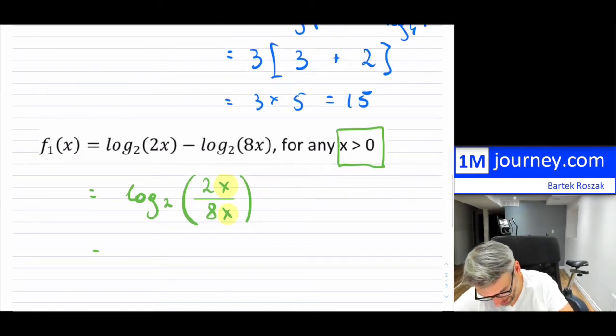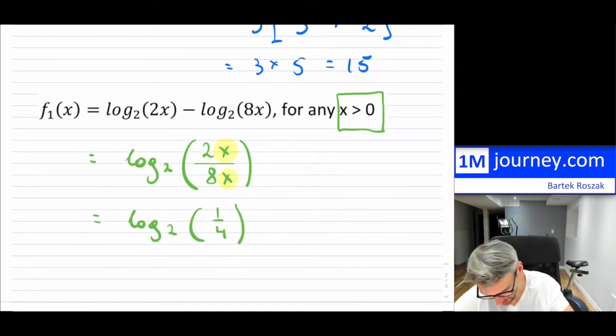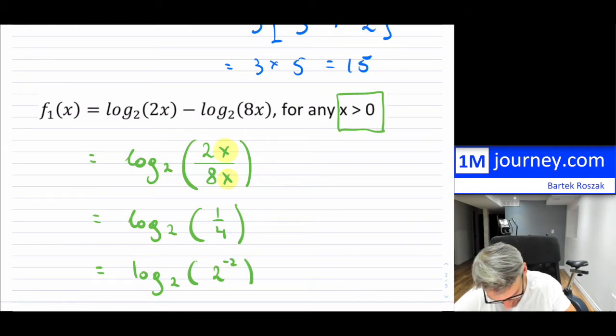So what you're going to get is log of 2, and this is just 1 over 4. So log base 2 of 1 over 4 is 2 to the negative 2, right?